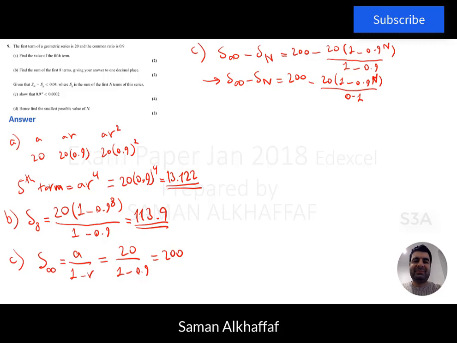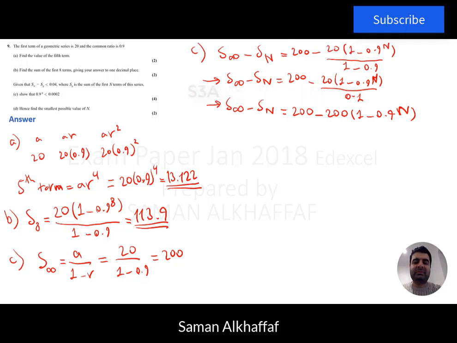To simplify this expression, we can get rid of the denominator, so S to the infinity minus S to the n will give us 200 minus 200 times 1 minus 0.9 to the n, close bracket.